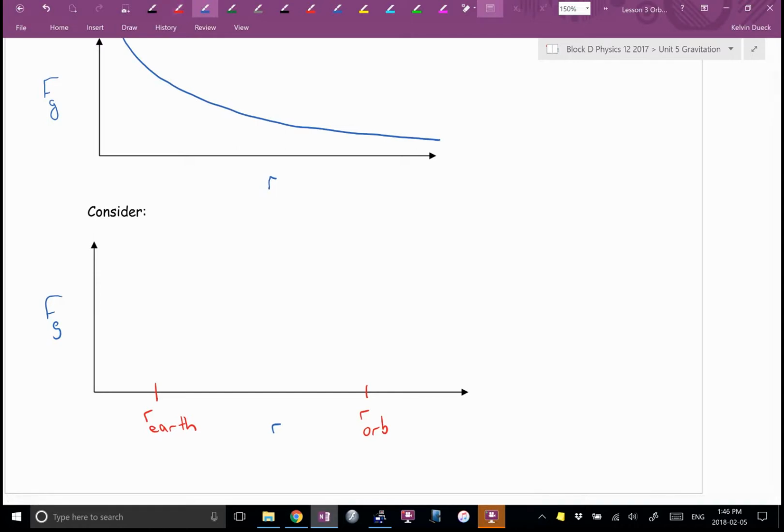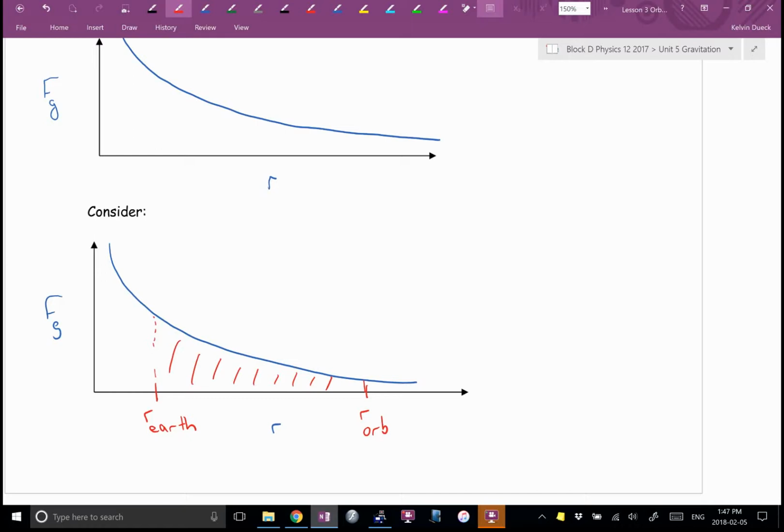And if I sketch that same curve, and if I again do the dotted line, vertical line thing, that shaded area would be the work required to move a rocket from the surface of the Earth, that's why we started at r Earth, up to orbit.